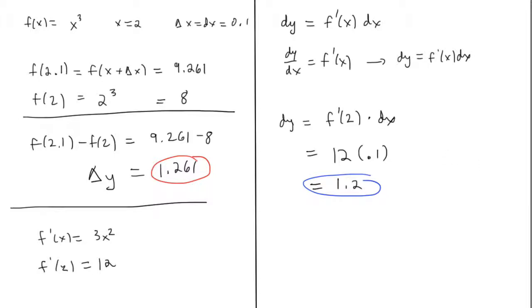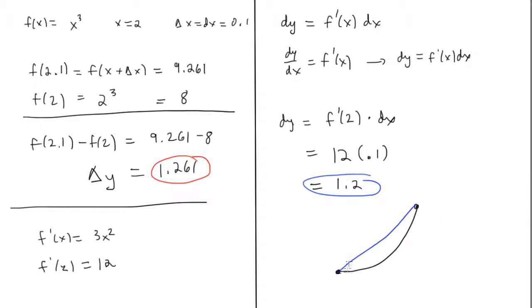And then, yeah, so basically if we've got a curve here, so let me just draw something, then the difference between the two things is delta y gives me literally the rise of that blue line.